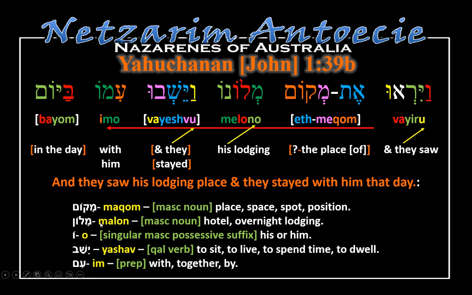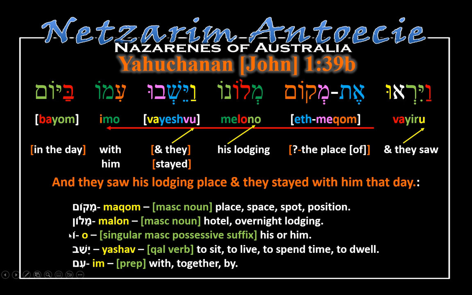Now down here I've given you firstly malon, a masculine noun for hotel, overnight lodging. And, of course, I've given you makom, which is a masculine noun for place, space, spot, position, right? And then we have vayeshvu, and they stayed. And its root is yeshav. It's a kal verb, to sit, to live, to spend time, to dwell.